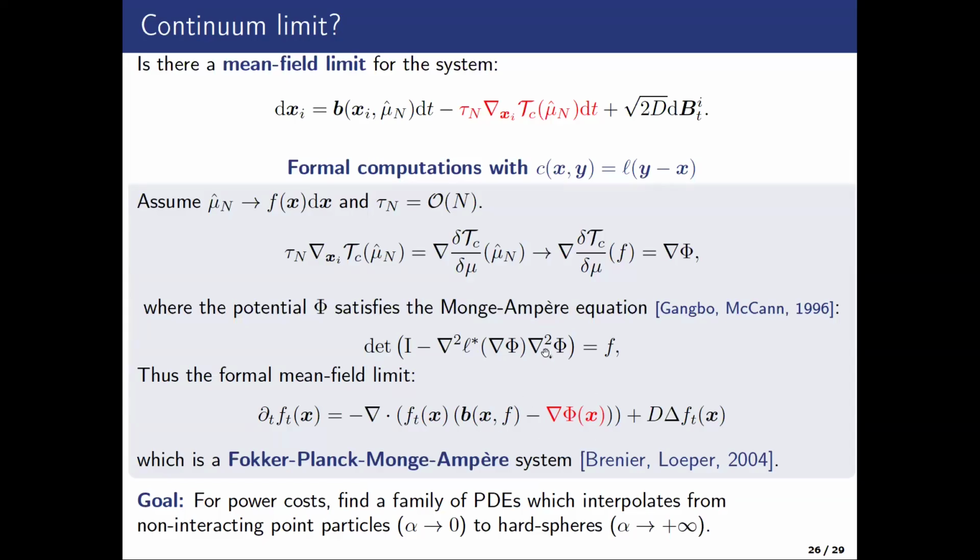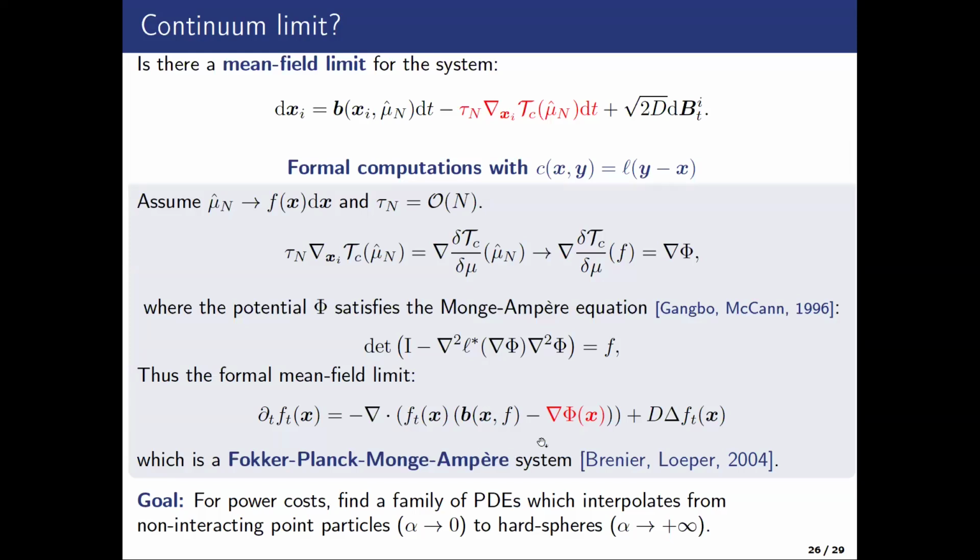So for the experts in optimal transport in the room, it's probably not that surprising. Actually, there's a very similar system that was written by Yann Brenier a long time ago, but I haven't seen so much analysis of that system.